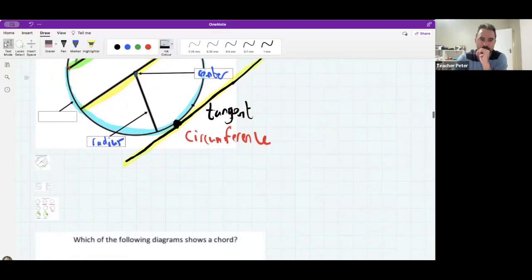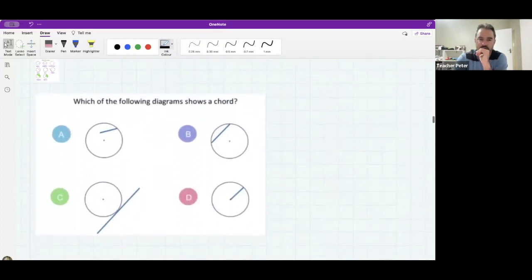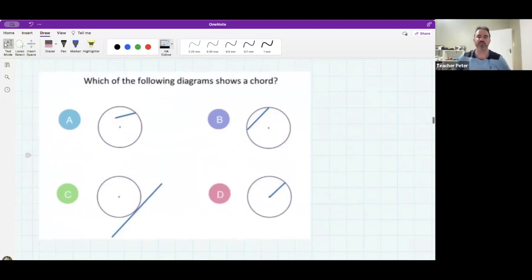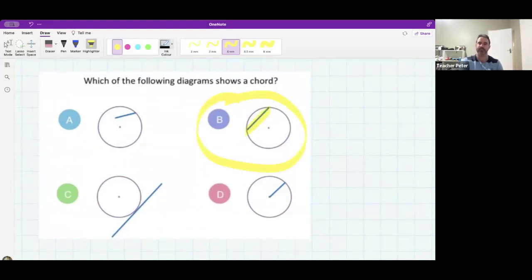So that's not a problem. Let's do some multiple choice questions about this terminology. So which of these four options do you think is correct? All right, so I think clear consensus B is the correct answer.